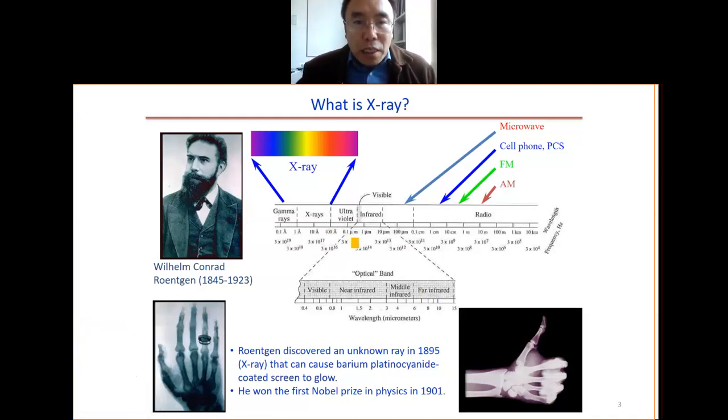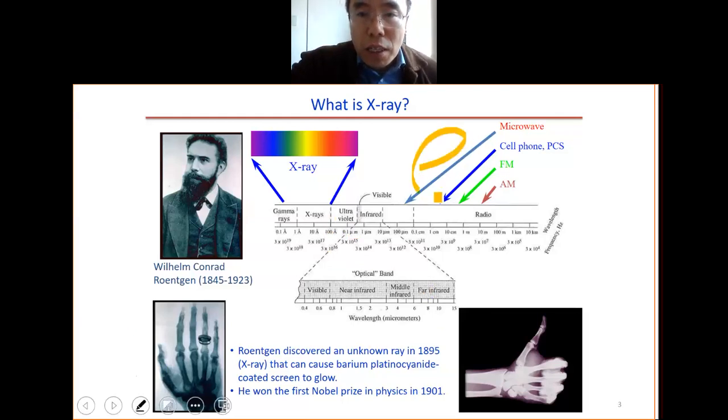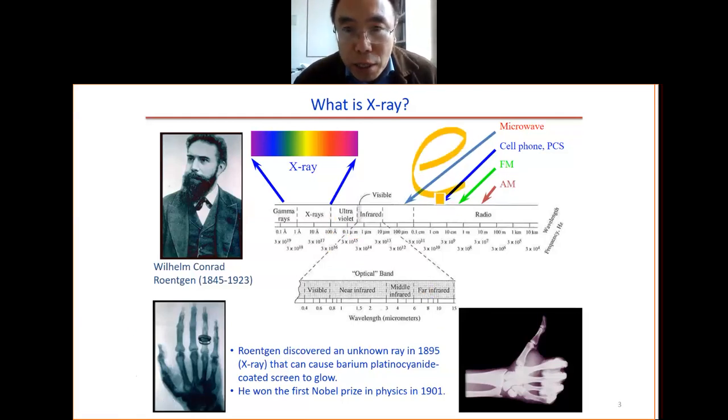X-ray is defined by an electronic process. For example, when an electron gets accelerated or decelerated, or an electron transitions from one energy level to another to emit light, this is called X-ray. Gamma ray means a nuclear process. For example, when light comes out because of a nuclear reaction, it is called gamma ray.